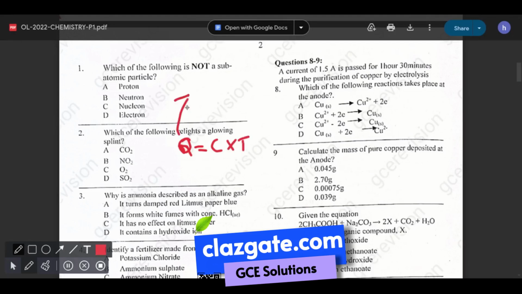We have a current of 1.5 ampere times 1 hour 30 minutes in seconds. What's 1 hour 30 minutes? We need all of this in seconds. It gives us 5,400 seconds. And then a charge of 1.5 times 5,400 seconds gives us a charge of 8,100 coulombs.